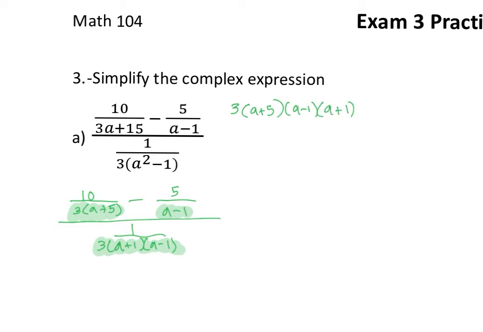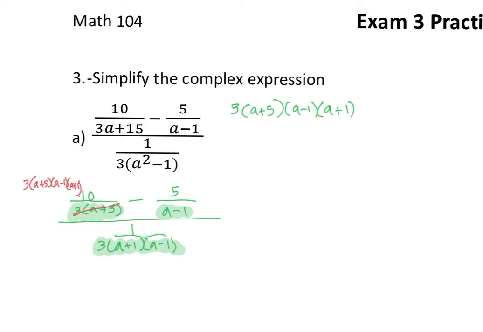So that is my LCD between all of the denominators. What I am going to do is multiply every single one of my terms by that LCD. So I have 3, a plus 5, a minus 1, a plus 1 times 10.